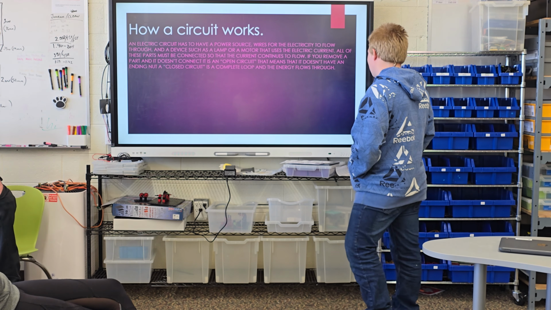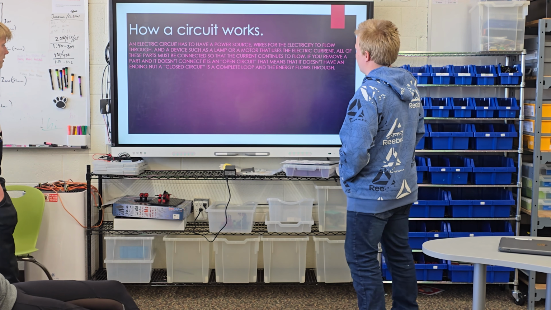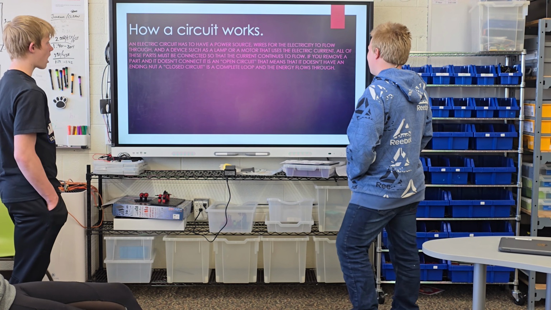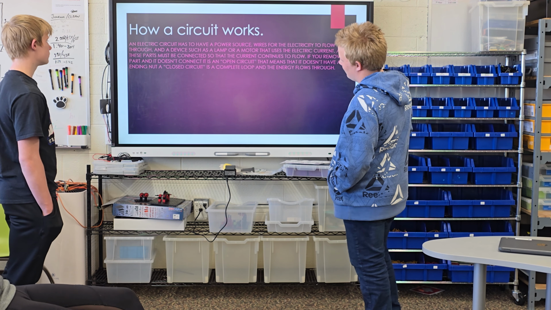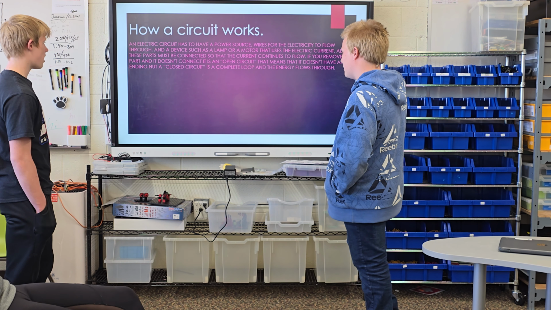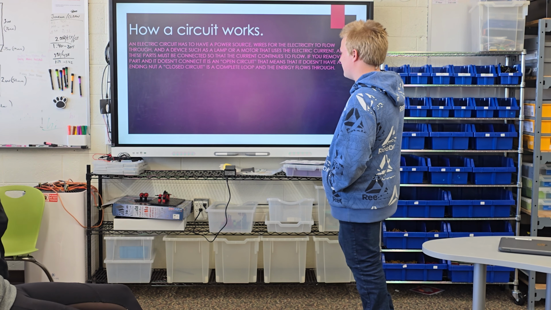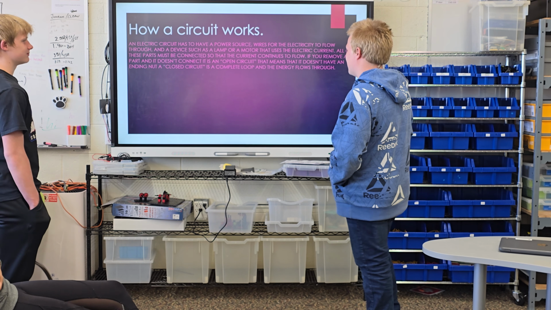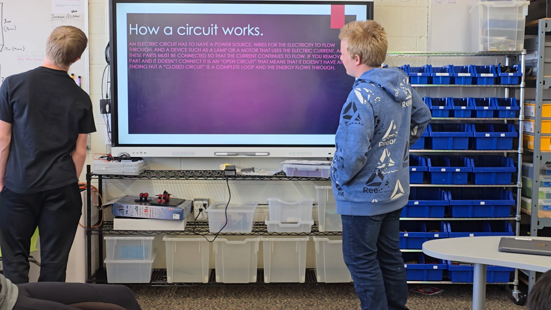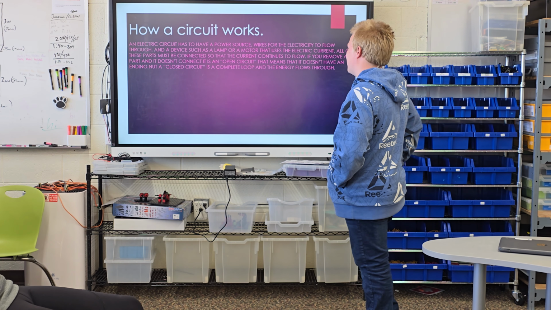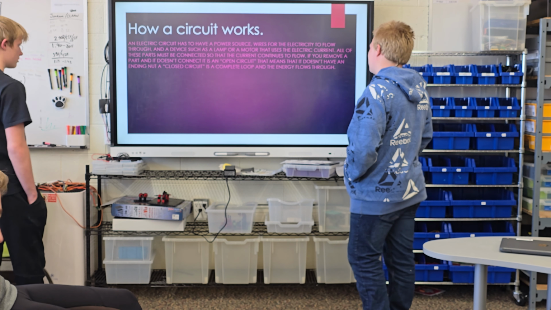If you remove a part and it doesn't connect, that's an open circuit, which means it doesn't have an ending. A closed circuit is a complete loop and the energy flows through it.